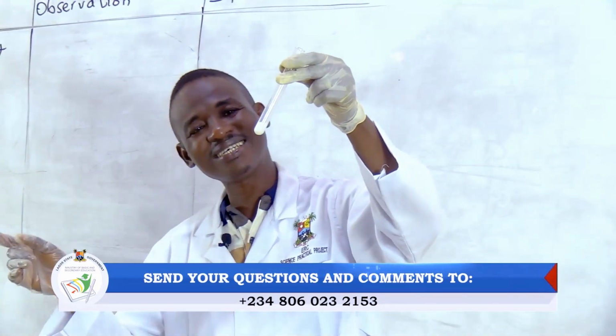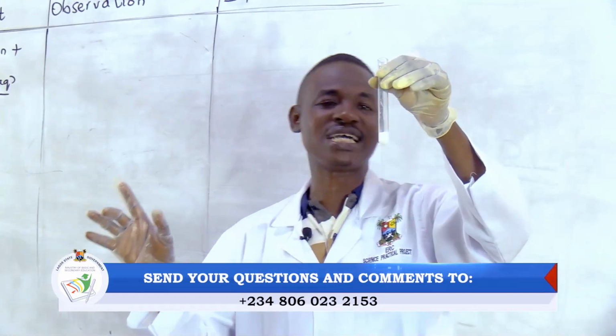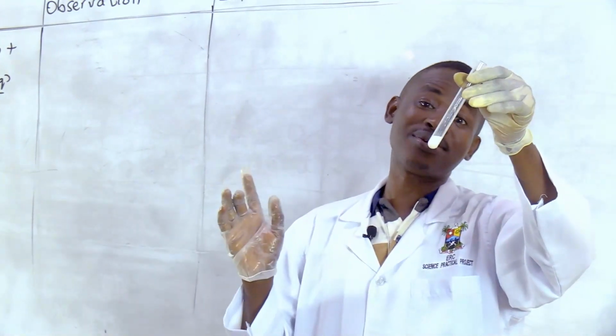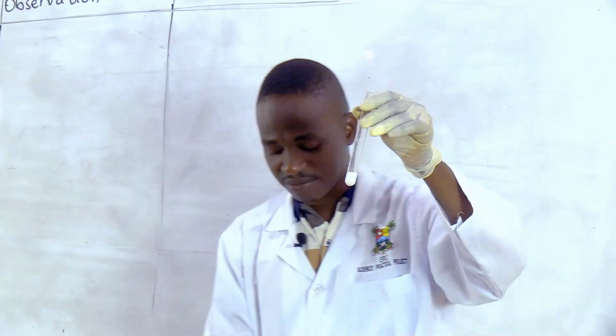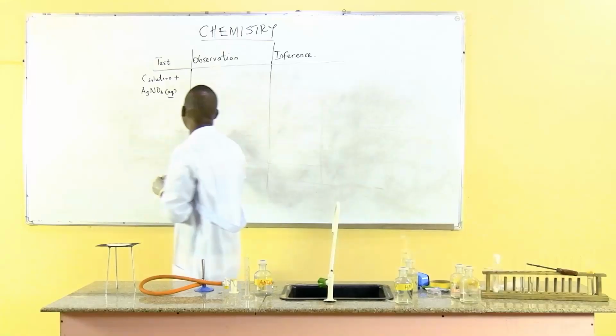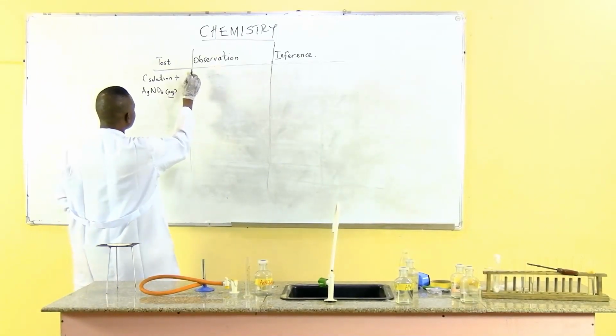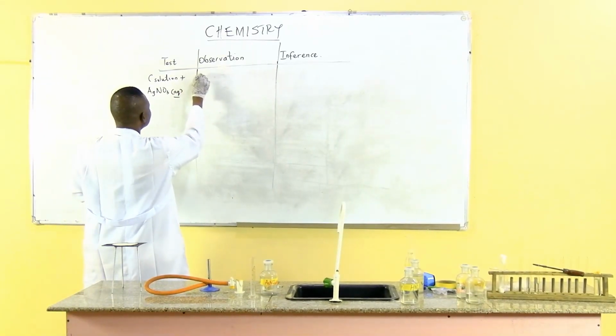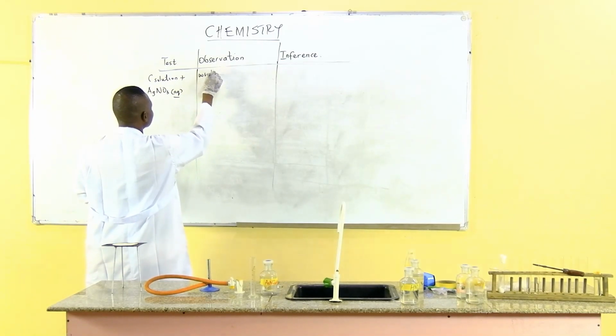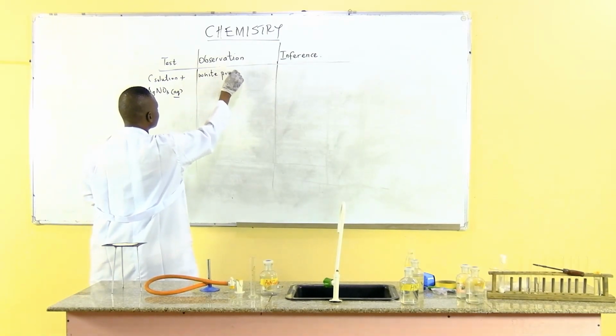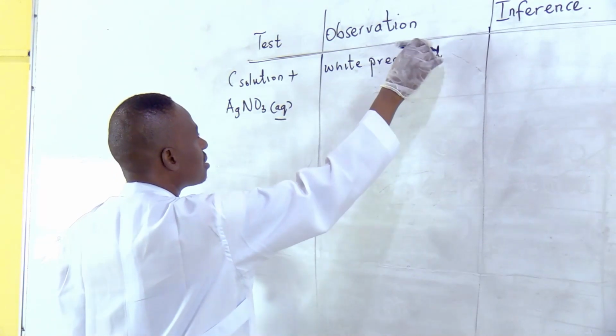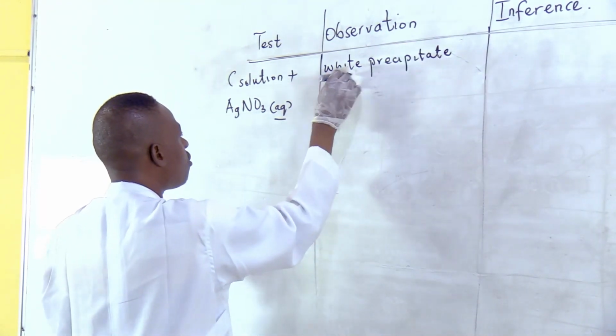Is it white? Let me hear you. Oh, yellow? It doesn't look like yellow. This is a white precipitate. So I have to make my observation. Yes. White precipitate is formed.